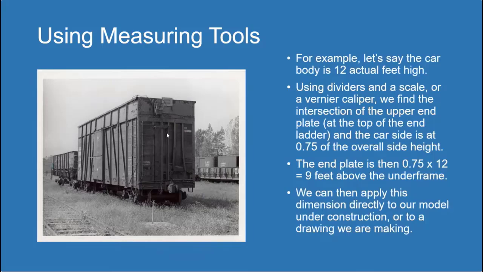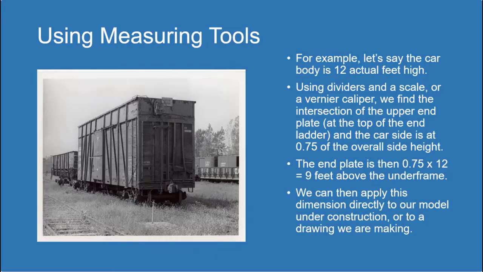However, let's say that we know that the car body is 12 feet high from the top of this chord to the bottom of this end sill. Let's say we're interested in the height of the ladder and where it intersects the side. So let's say that we take our dividers and we take a measurement from here to here, and we take another measurement from the top chord down to the side sill, and we find that the top of the ladder is 0.75 or 3/4 of the overall side height.